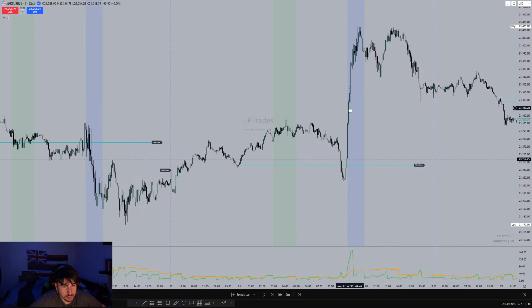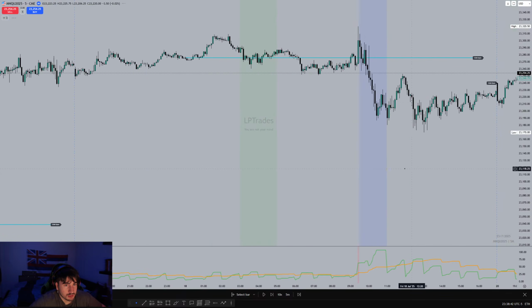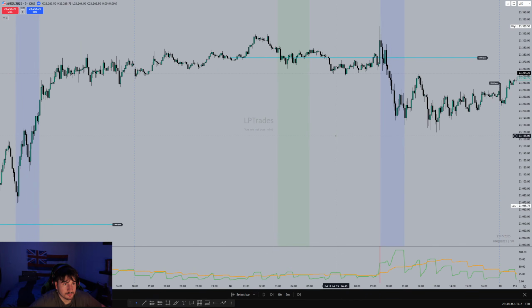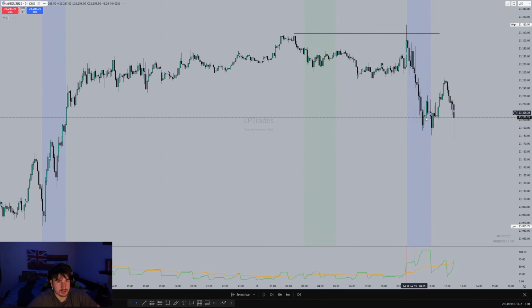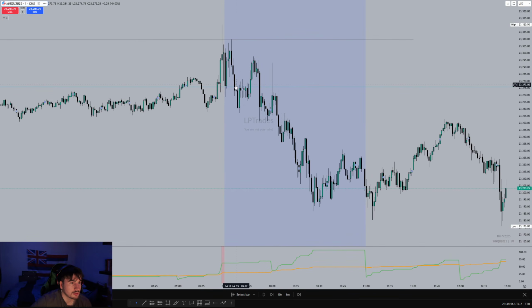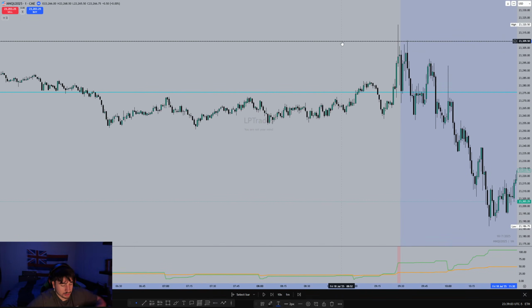I would have wanted to short, but we don't get a change in state of delivery. Here we're consolidating around midnight. Wouldn't have done anything. Well, actually, I don't know, because we took out overnight highs. So maybe if we get an entry that's not right next to midnight. Oh yeah, no, we would have entered right here. That would have been cooked. So no, nothing.